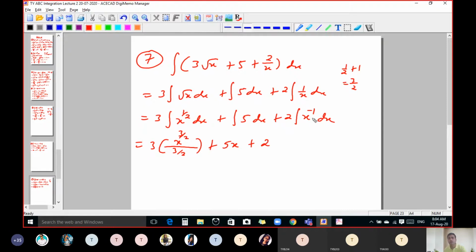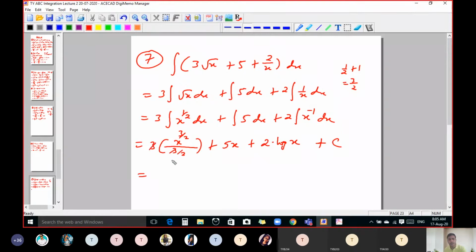Now this is x raised to minus 1, so you cannot apply the rule for x raised to n because that rule is not applicable for n equal to minus 1. So we know the answer for this. Answer for this is log x plus c. And now this 2 you can take in the numerator and you can cancel this 3.